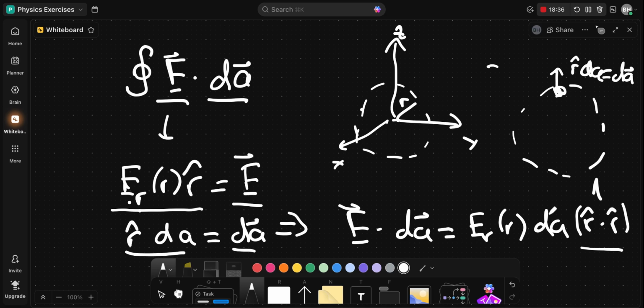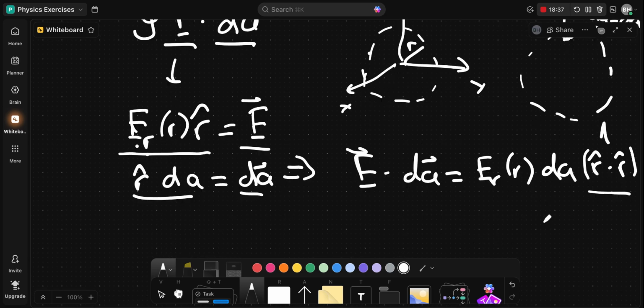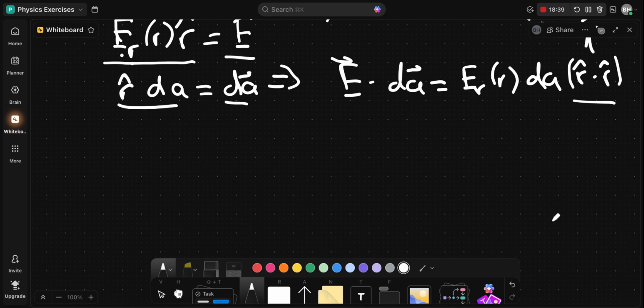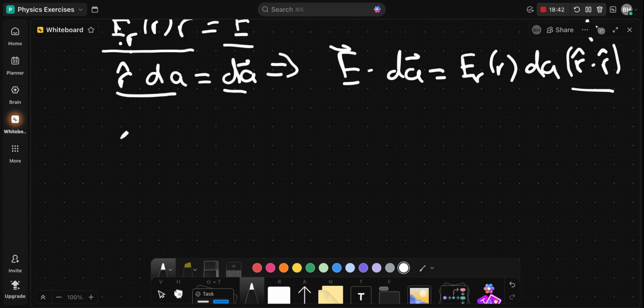Okay, so this takes the value 1, and that simplifies our Gaussian integral, because if we use this, our Gaussian integral becomes E_r times dA.